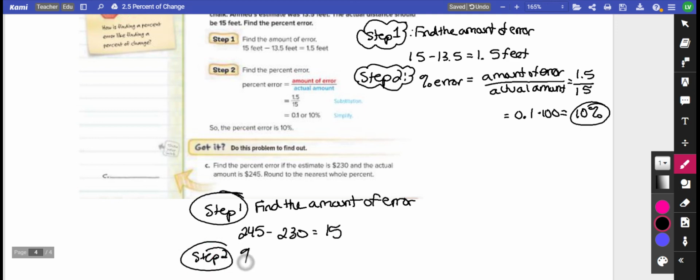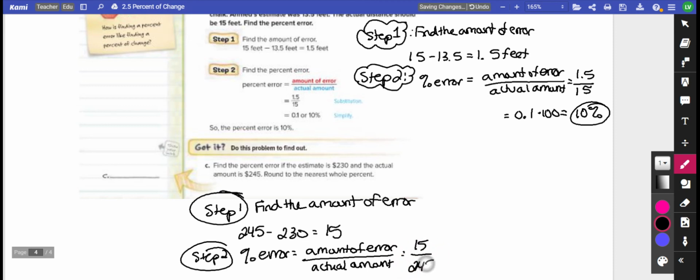Step 2 is to find the percent error. Percent error is the ratio of the amount of error divided by the actual amount. The amount of error is 15 divided by the actual amount of 245.